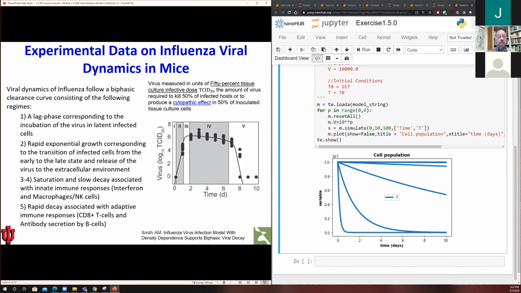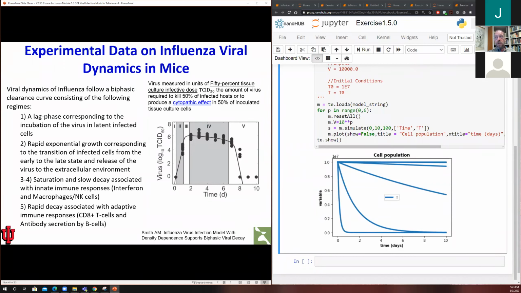The unit here, TCID, may be unfamiliar if you're not working with viruses. It's not possible in general to measure the amount of virus directly, at least it used not to be. And so the amount of virus circulating was defined operationally by taking the sample from the infected individual, and then putting that virus into additional individuals and finding out whether they die or not.